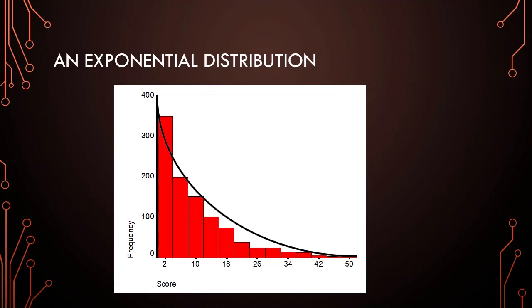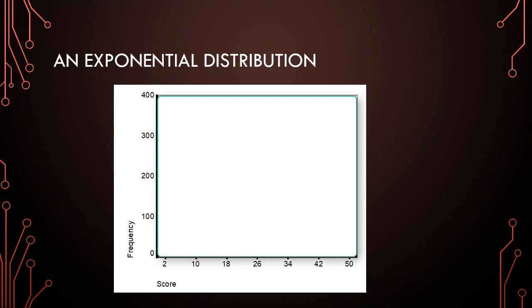Similarly, for exponential distributions, we could change the parameters to change the amount of slope. We can even change the slope so that it moves uphill from left to right instead of downhill. What kind of variable might yield this kind of exponential distribution? What if we were breeding fruit flies?